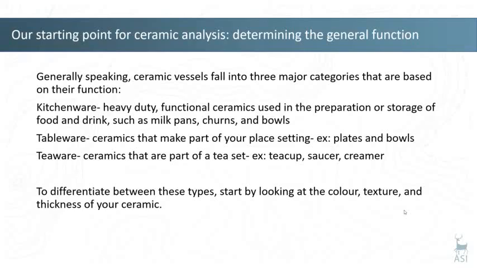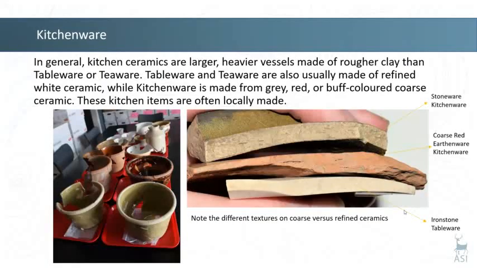I always start by picking out the kitchenware because it's the easiest first step. So let's look at kitchenware. Kitchenware is thicker, coarser clay. See that image on the right there?